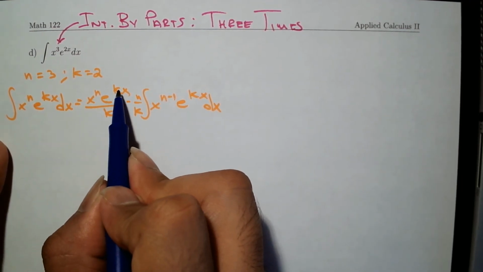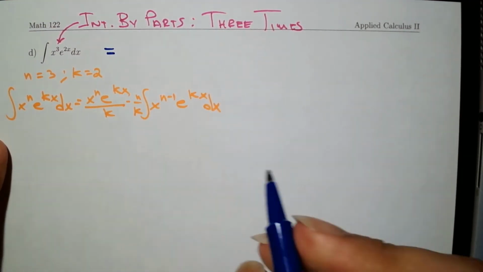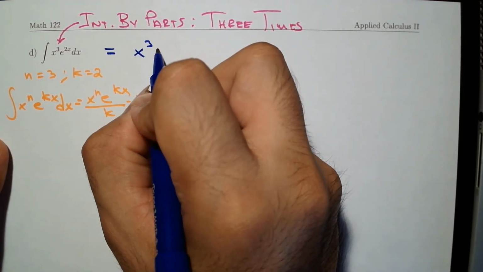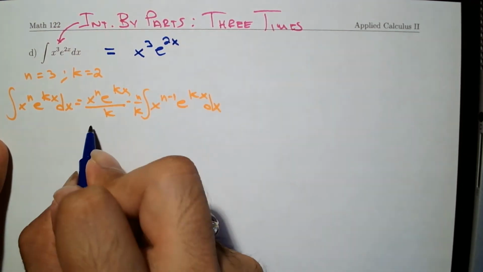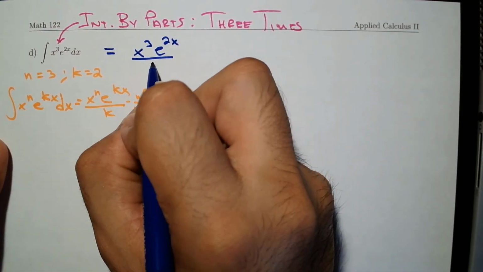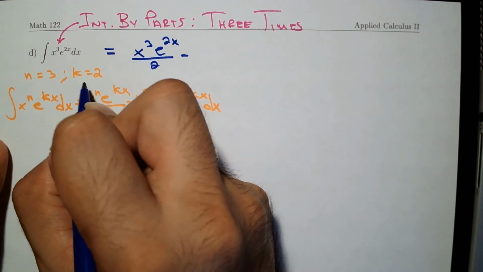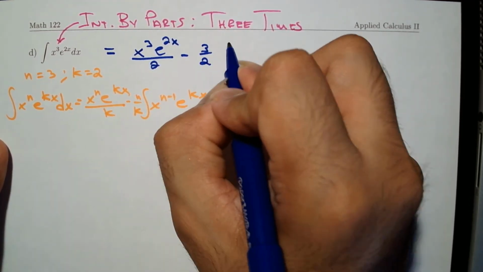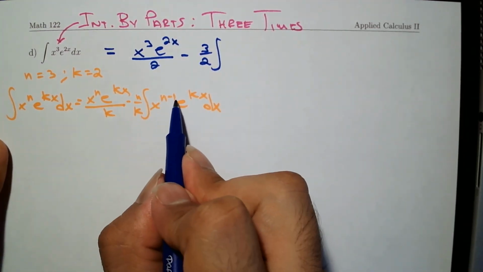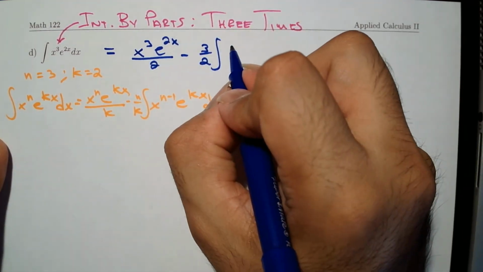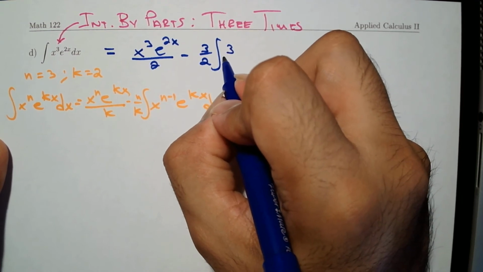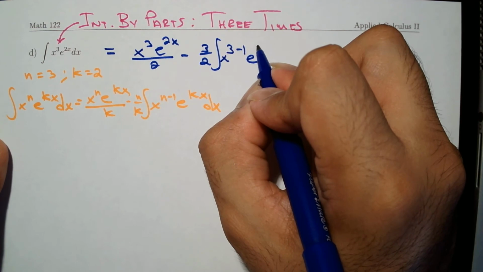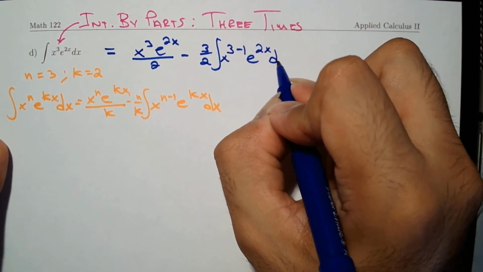x to the n e to the kx. This is going to be the same as x cubed e to the 2x divided by k, which in this case is 2, minus n over k, where n is 3 and k is 2, 3 halves, the integral of x to the n minus 1, where n is 3, x to the 3 minus 1, e to the 2x dx.